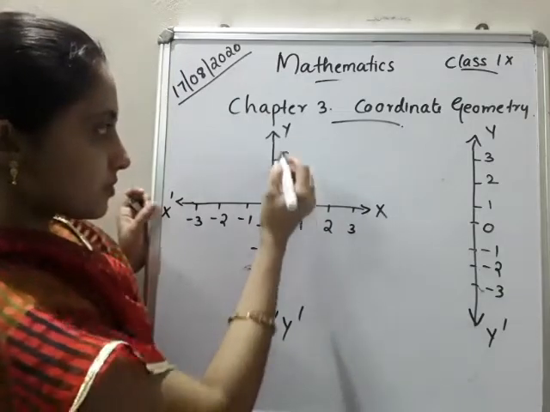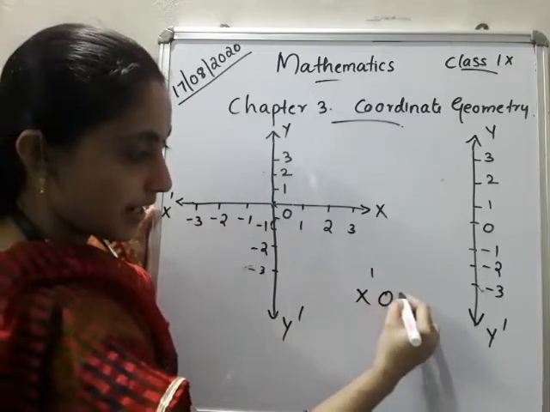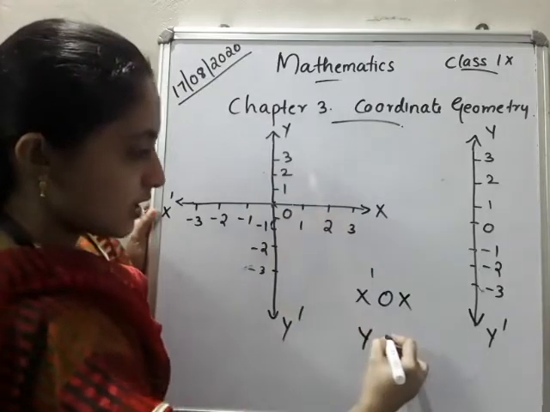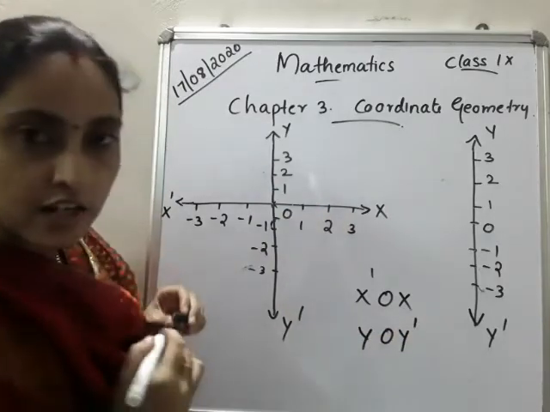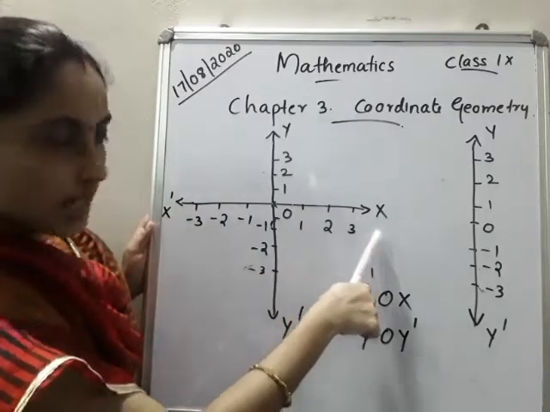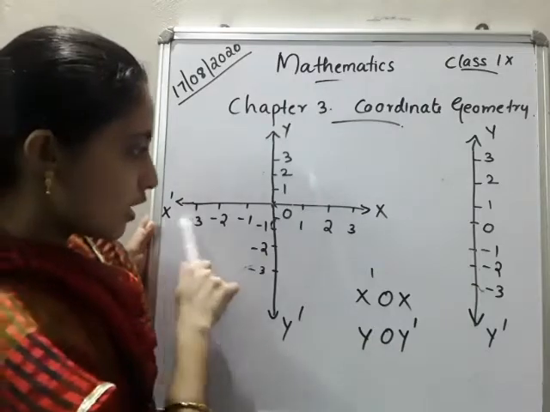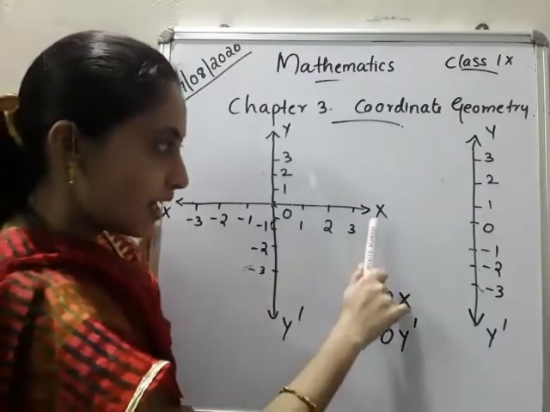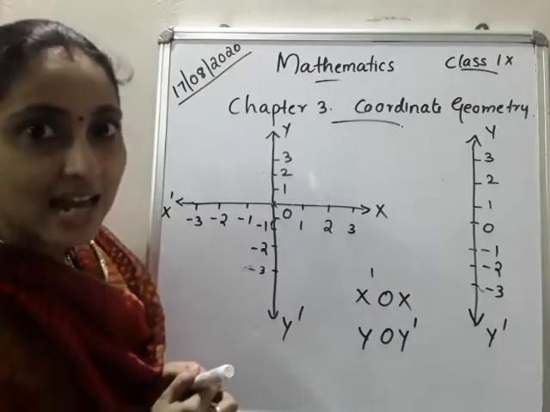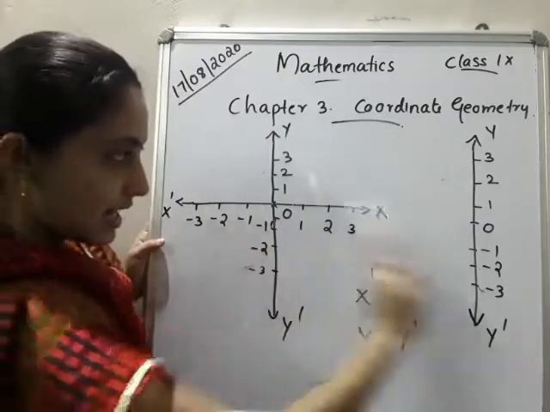Okay, so X'OX, one line you got. Another line is what? YOY'. Two lines we got, is it? One is X'OX and the other is YOY', and the horizontal line X'OX is called the x-axis. X'OX, that is horizontal, that is like this, is it?